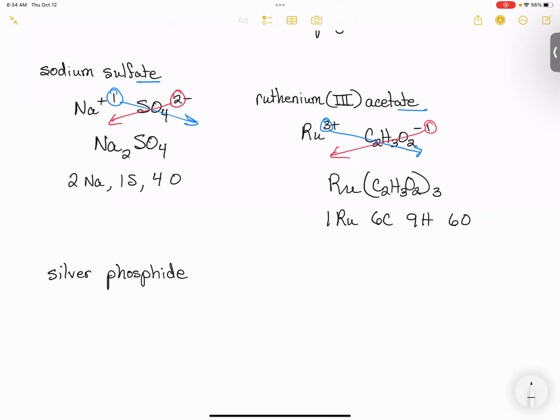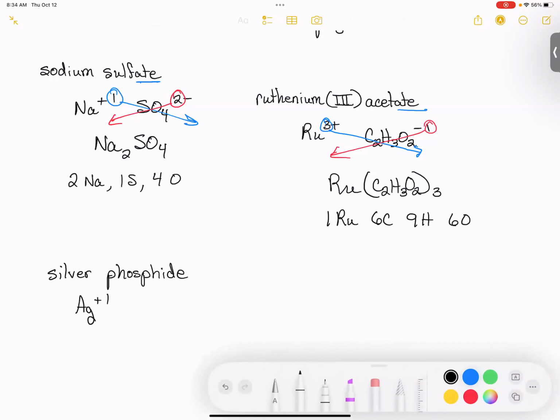Because I didn't give you a Roman numeral, what does that mean about silver? It's always the same. And what is silver's charge? It's +1. This is in that little stair step that I showed you in the periodic table where it's the first step. There's only 1 element, so it is a +1.